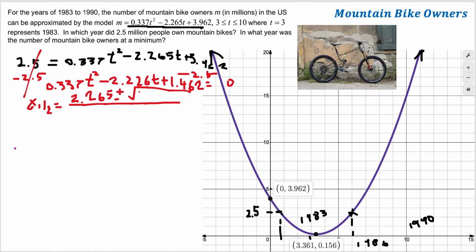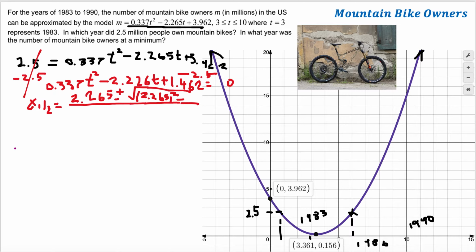And square root of b squared, and this b squared is 2.265 squared. This is the b squared, and here is a minus, everything here is squared.